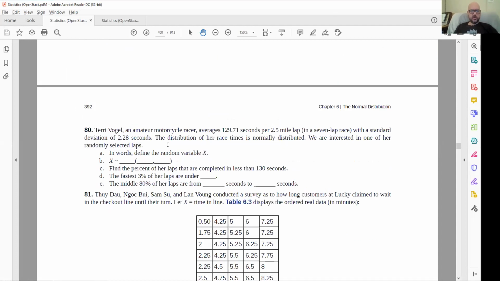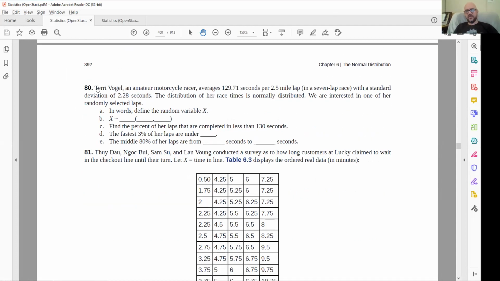Terry Vogel, an amateur motorcycle racer, averages 129.71 seconds per 2.5 mile lap in a 7-lap race with a standard deviation of 2.28 seconds. The distribution of her race times is normally distributed. We are interested in one of her randomly selected laps.